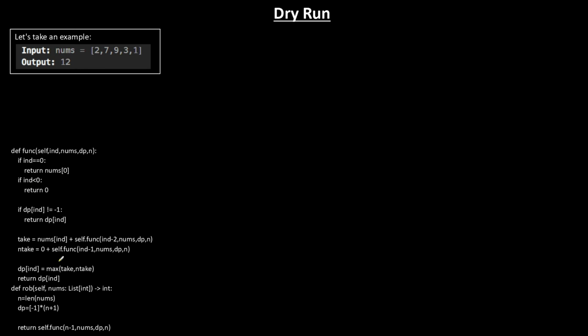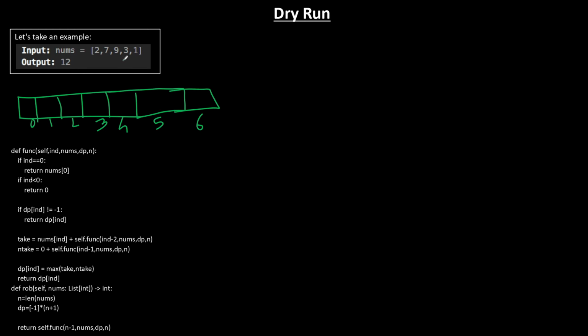Now, since we have the understanding of the code, let's look at the dry run of the example. I have also brought down the code for our understanding here. So this is the array, this is the value, this is the output. I will create a DP array of size n plus 1, where n is 5 here. So the first task is done.